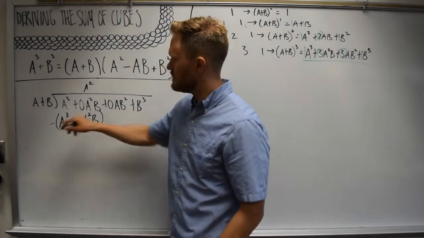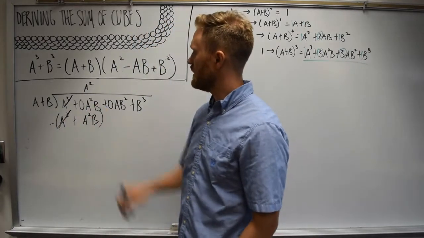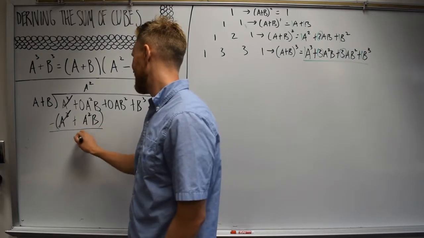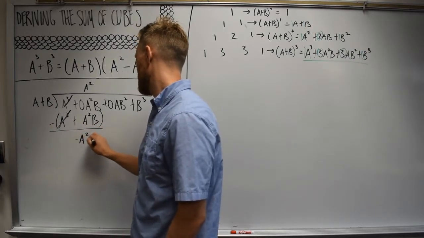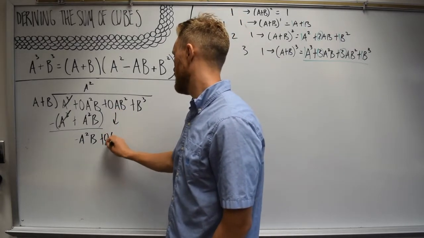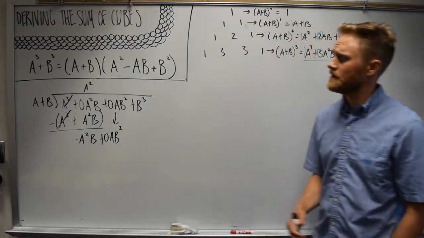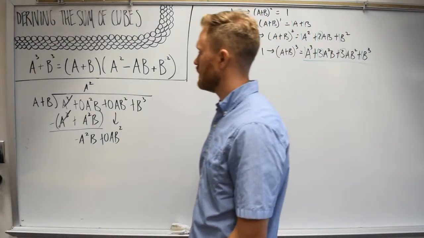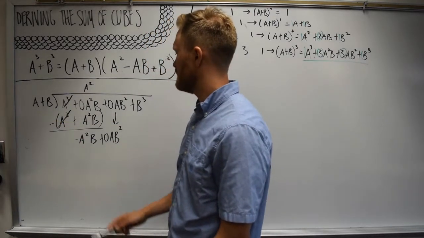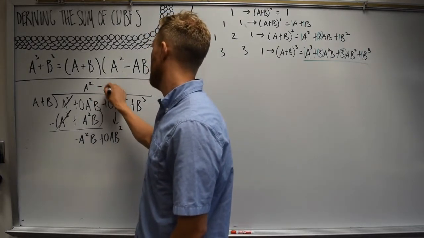So a cubed minus a cubed, those cancel out. 0a squared minus a squared b gives us negative a squared b. And then we're going to bring down our next term, so we get plus 0ab squared. And then we're going to repeat the same process. So we're going to ask ourselves, what do we have to multiply a by to get negative a squared b? And we have to multiply it by negative ab.